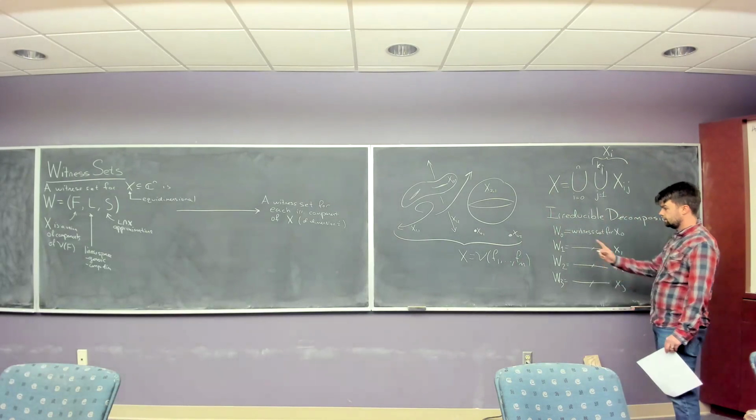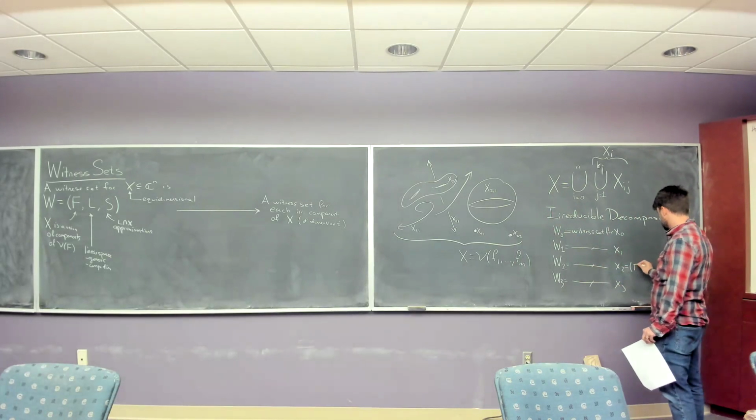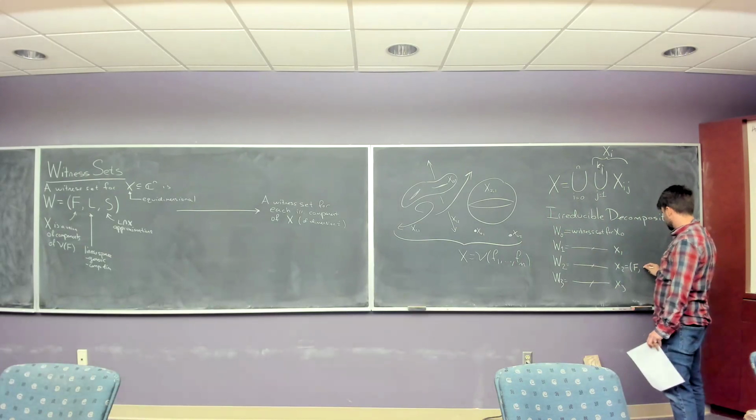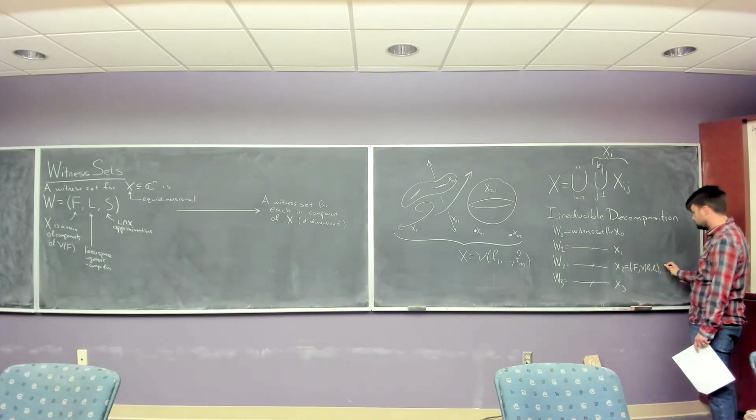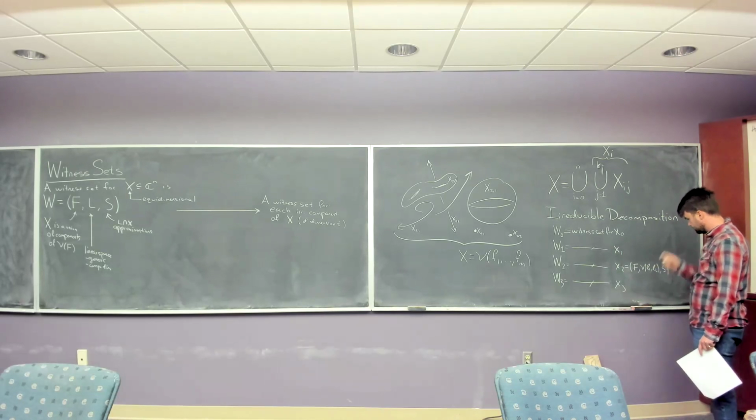So it looks like those F's, maybe, and some line. So let's say V, L1 and L2 for a couple of random linear forms. And let's say, yeah, just some collection of points. Okay.